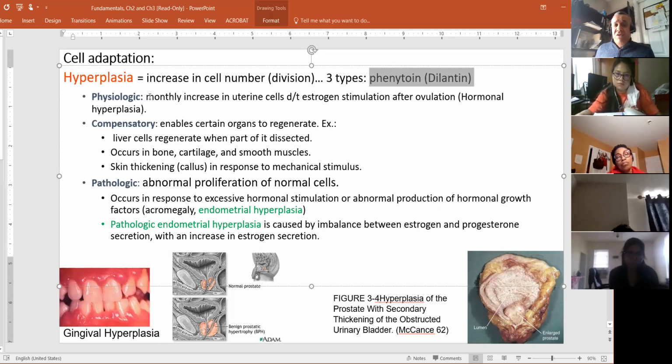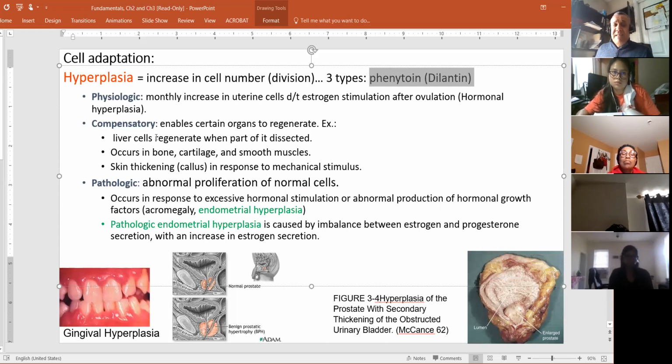We have physiologic and we have examples of the pathologic, like the monthly increase in the uterine cells due to the estrogen stimulation after ovulation, which is hormonal hyperplasia. That's normal. And then we have compensatory, which is a compensation process, such as when the liver cells regenerate.